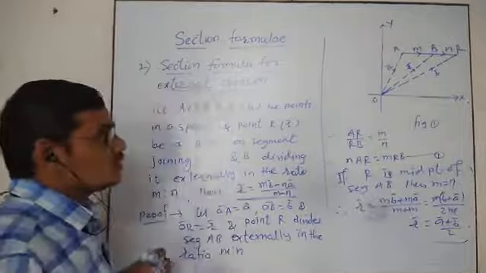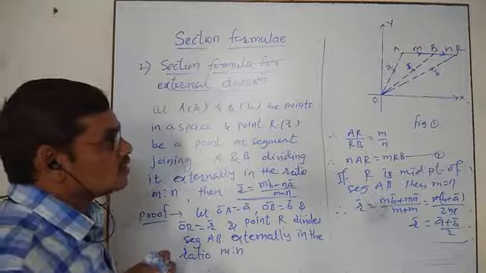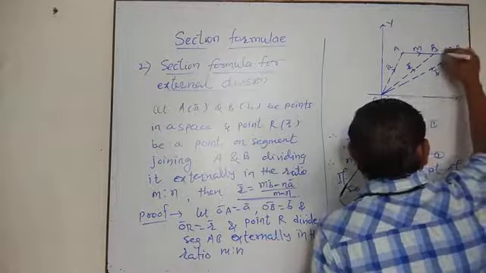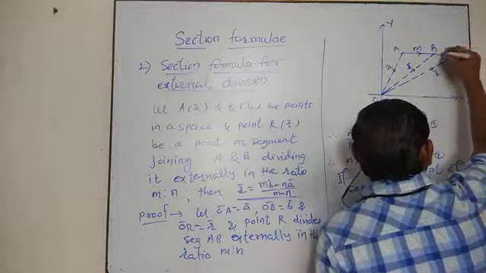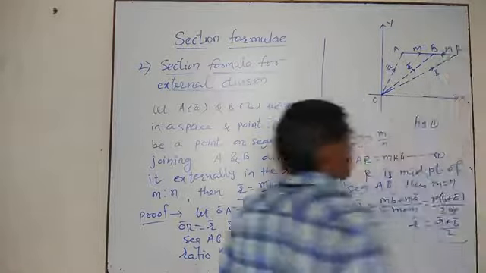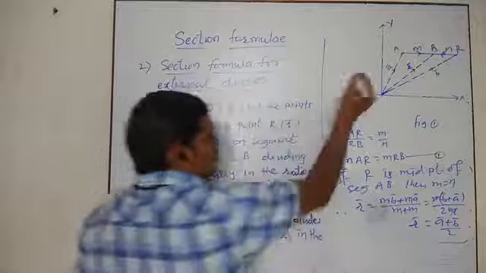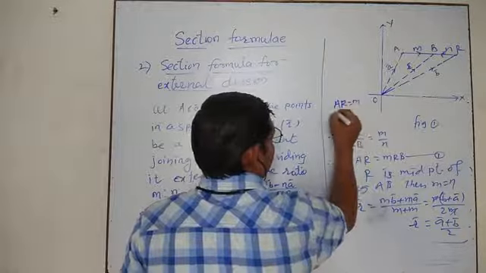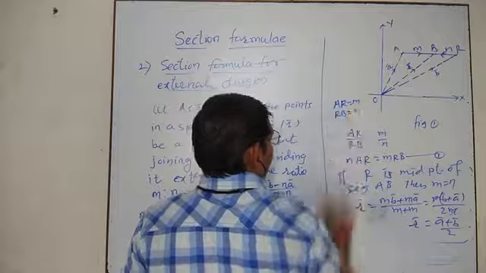So it is RB, from R to B. So this is like this, the direction is opposite. So AR is equal to m and RB is equal to n.